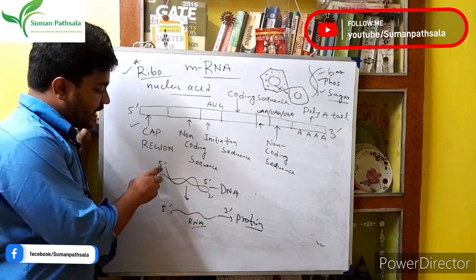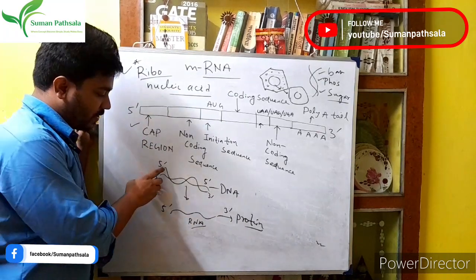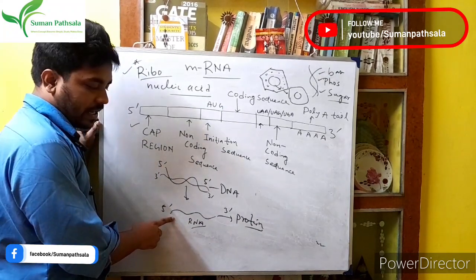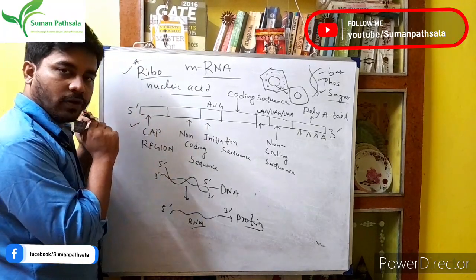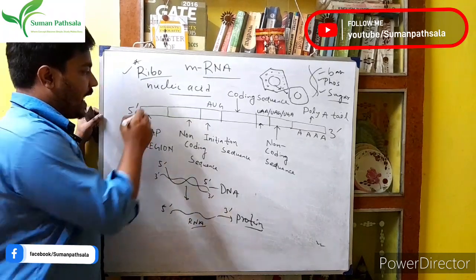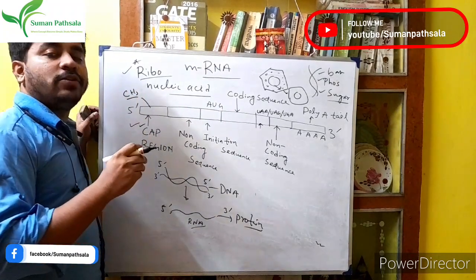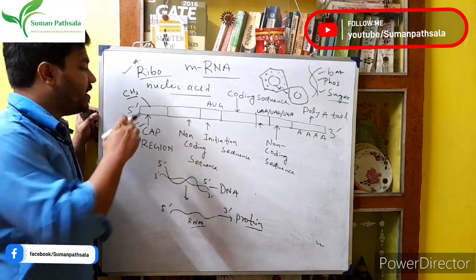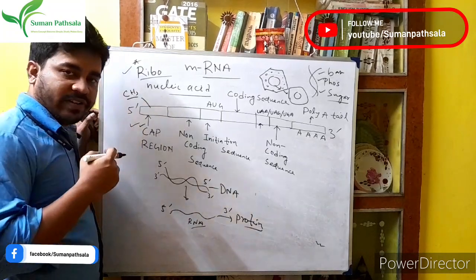So that's why this region has a cap, to protect the end part. In the same way, in case of RNA, it has the cap region, and this cap region has a group called the methyl group, and this methyl group obstructs joining with other sequences. That means it also protects the RNA from joining with other sequences.